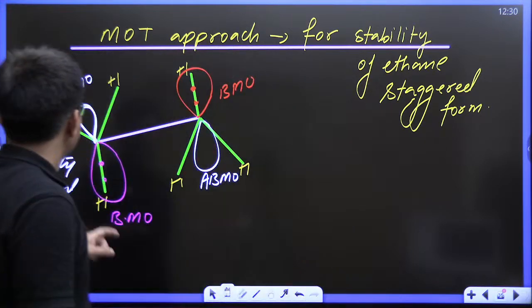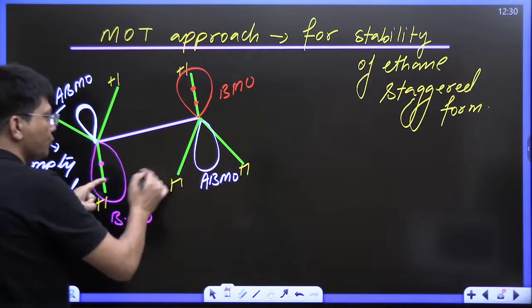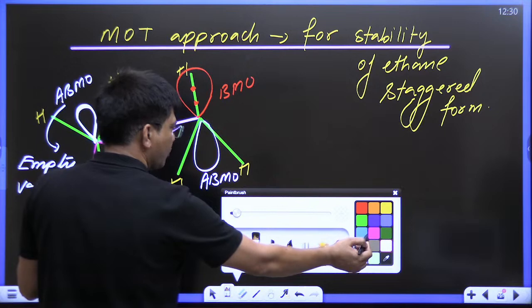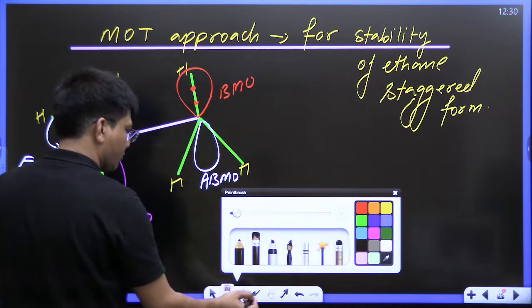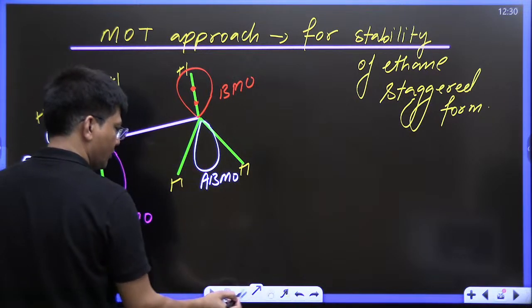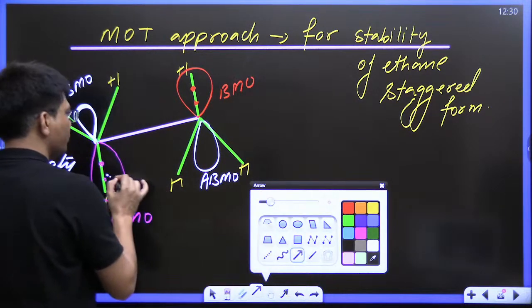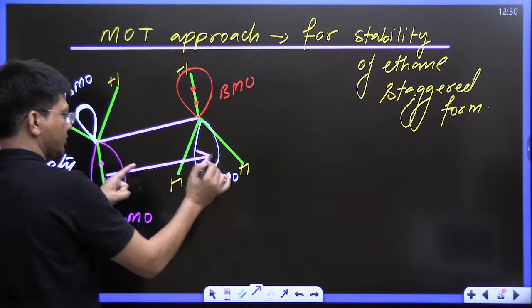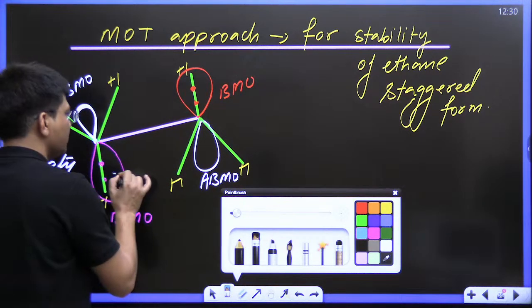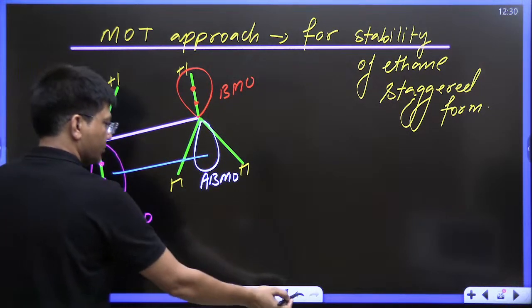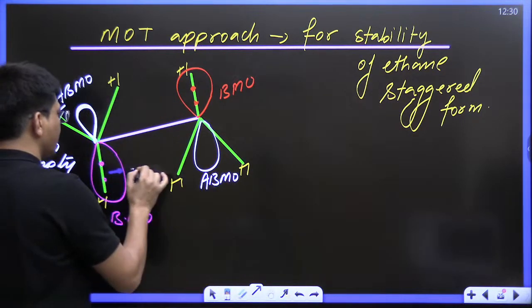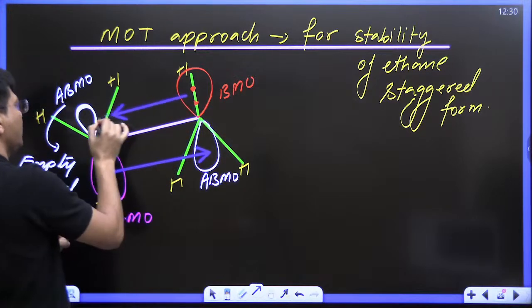Now, kids, this electron can move to the adjacent ABMO. Can you see very clearly? Try to understand what I am going to tell you, kids. This electron can move towards the ABMO. It can go to this ABMO. Are you able to understand? Once again, see, this electron will go in this ABMO, and this electron will move in this.